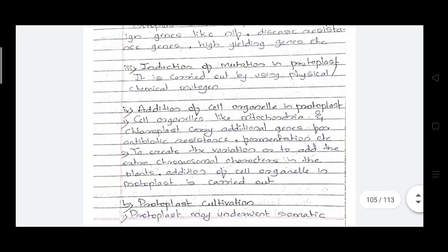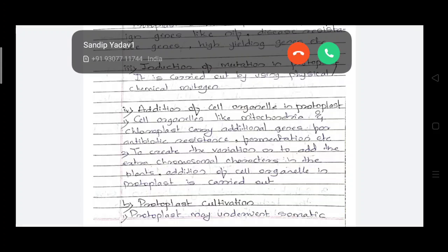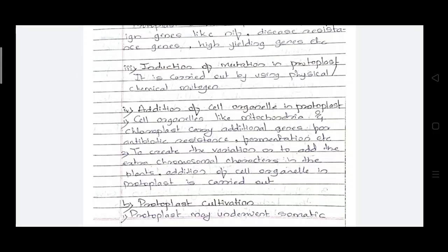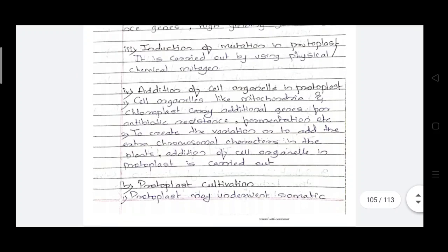Then the third is the induction of mutation. In that induction, we use physical or chemical mutagens and treat the protoplast with these mutagens, so some mutations happen in the protoplast.